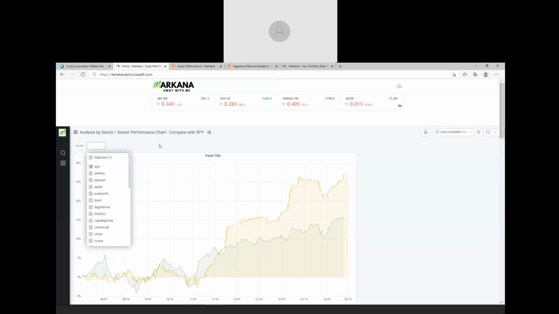So this is a chart which compares SPY versus the sector that we create, right? And this is the comparison of agriculture with that. Let me just add oil to it because this is interesting.